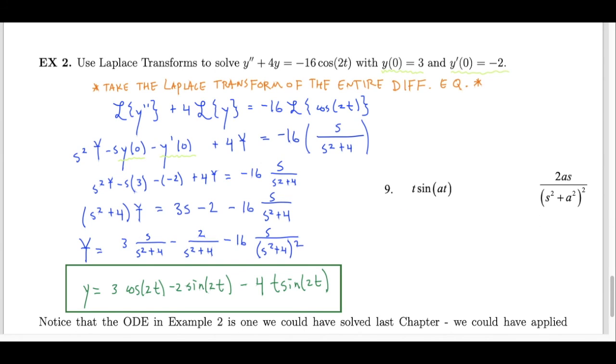Also, if you look carefully at the structure of this particular differential equation, my characteristic polynomial, we identified that down here, would have roots plus or minus 2i. Therefore, my homogeneous solution would be a constant times cos of 2t and a constant times sine of 2t. In fact, I see those terms exactly in my final solution here.